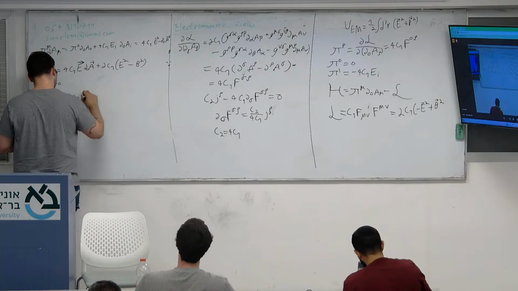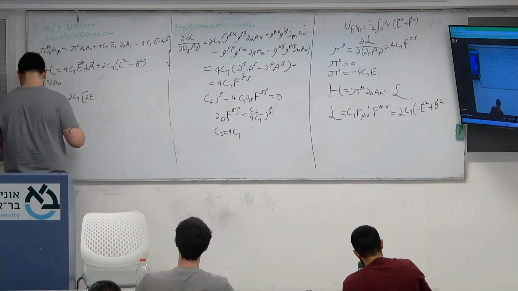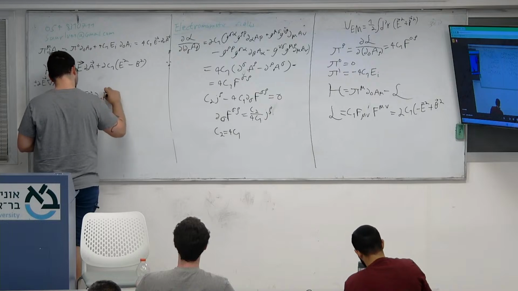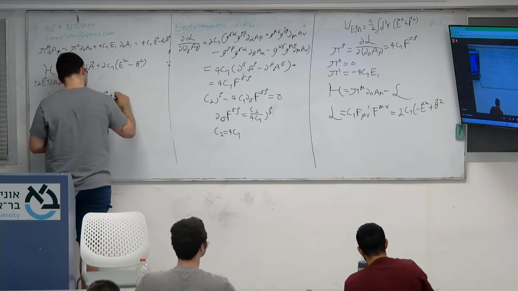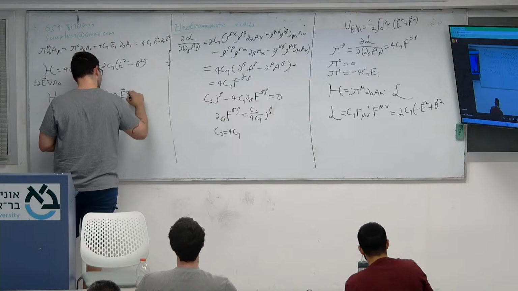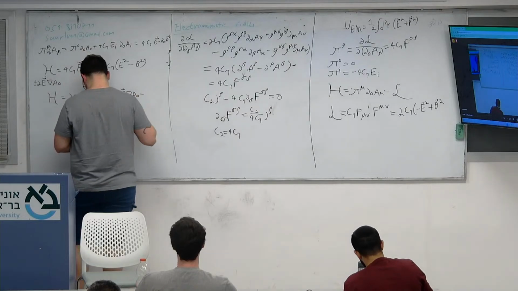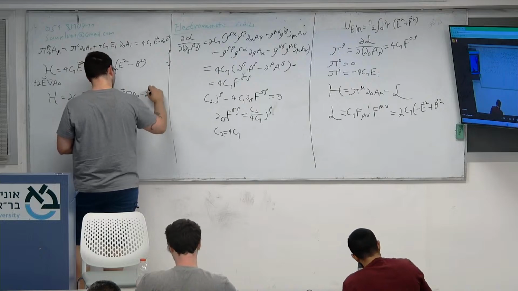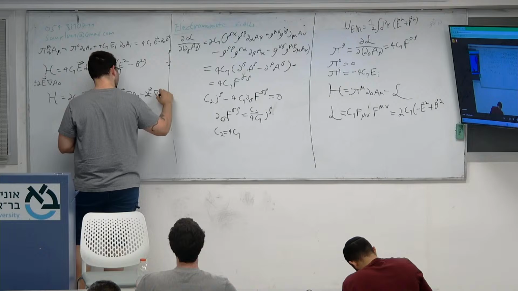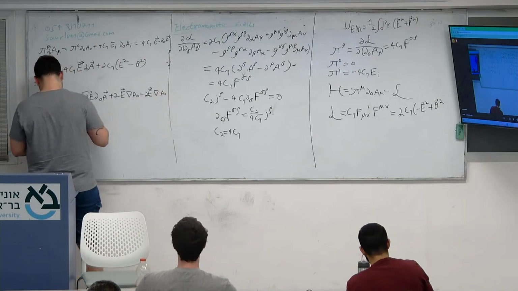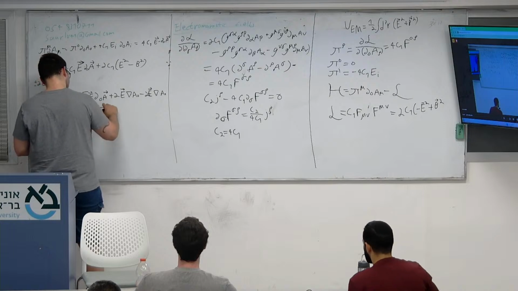C1 E vector 0 E vector plus 2 E 0 minus 2 E 0 plus squared minus E squared.